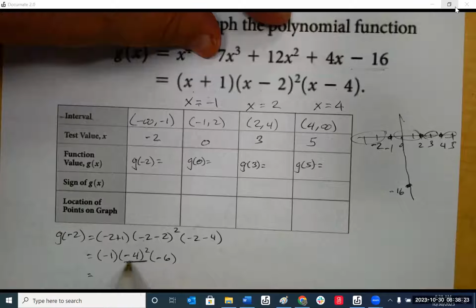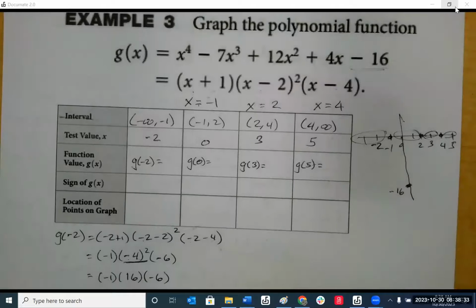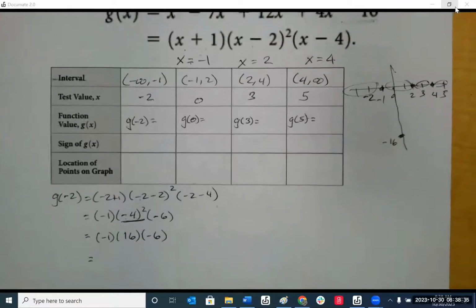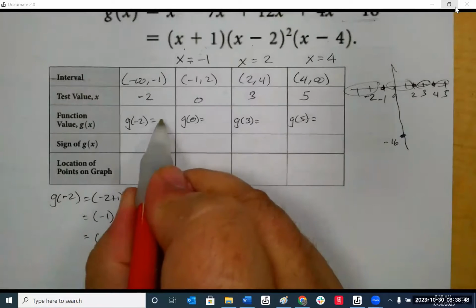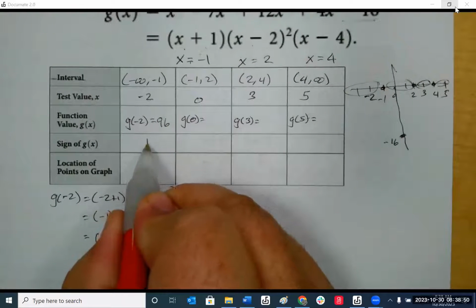The only exponent I have here, -4 squared, is +16. Negative times negative times positive is positive. 1 times 16 is 16. 16 times 6 is 96. So it's positive.